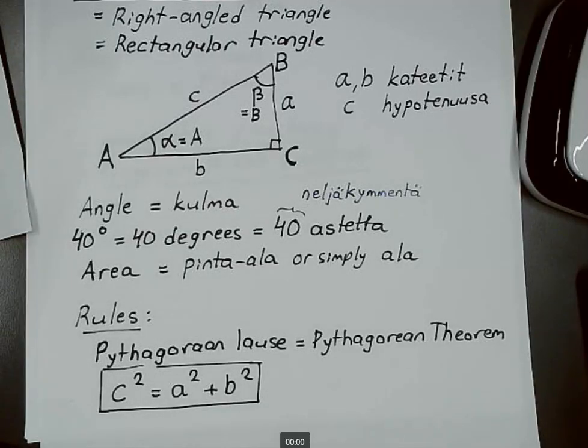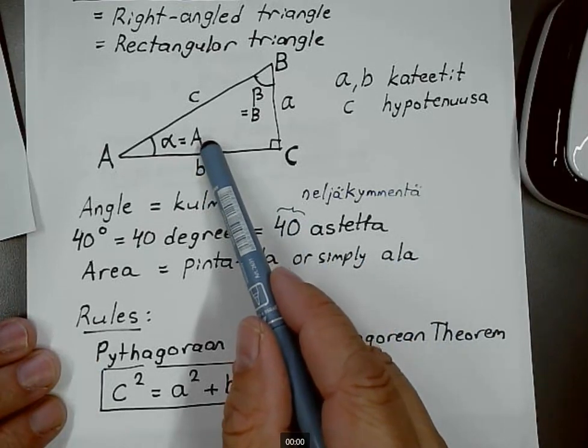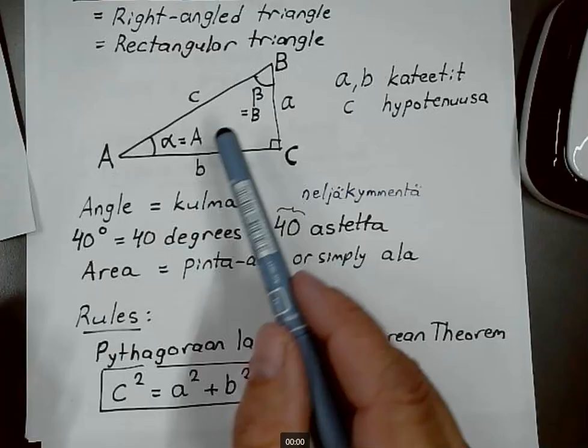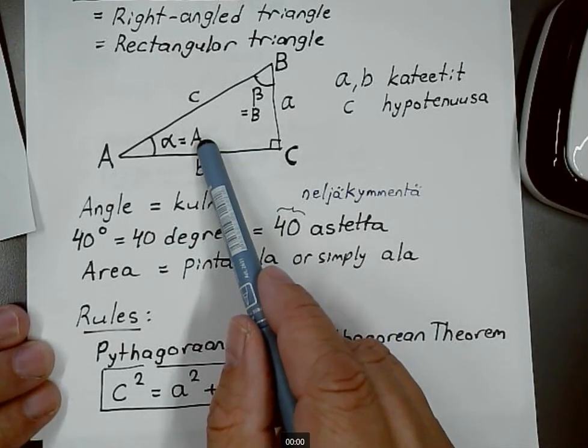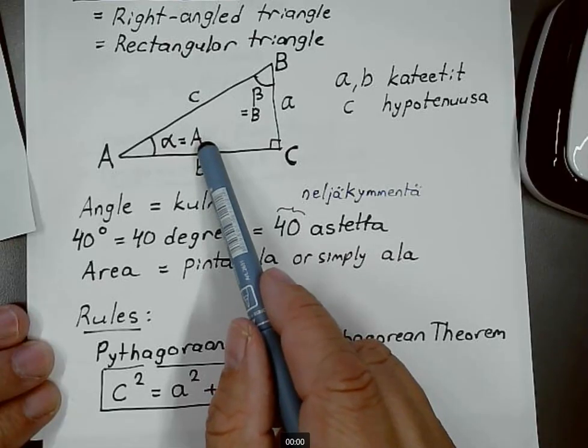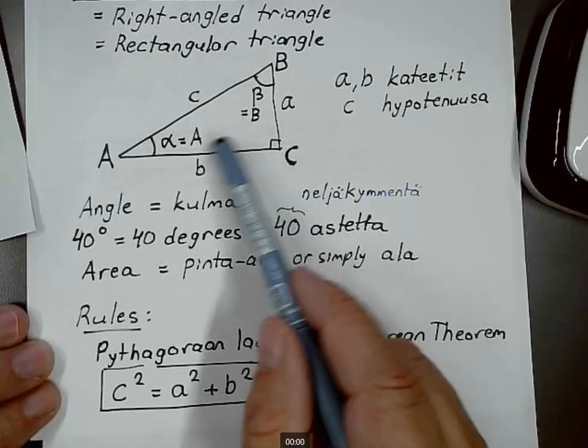Yes, capital is the right word. In Finnish we say big number, iso numero, and iso kirjain, big letter, and small letter, pieni kirjain. But it is capital.